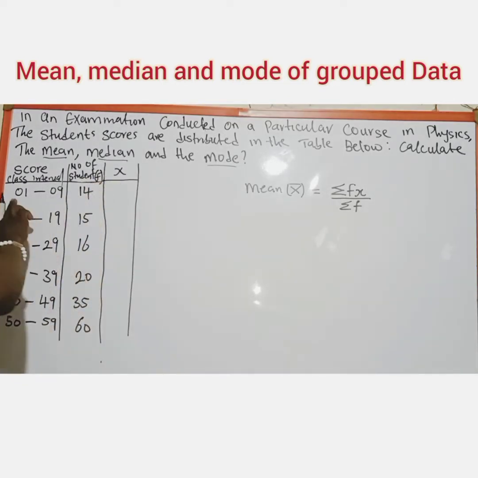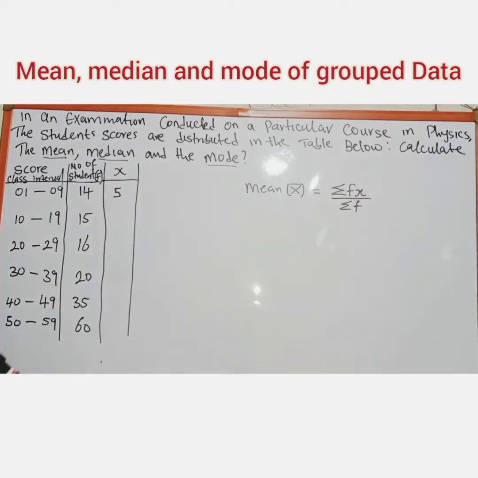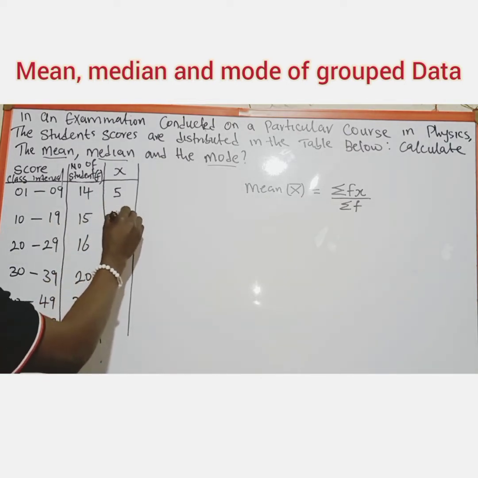So we have 1 plus 9, it will give me 10, and 10 divided by 2 will give me 5. You go to the next one, which is 10 plus 19, it will give me 29, and 29 divided by 2 will give me 14.5.